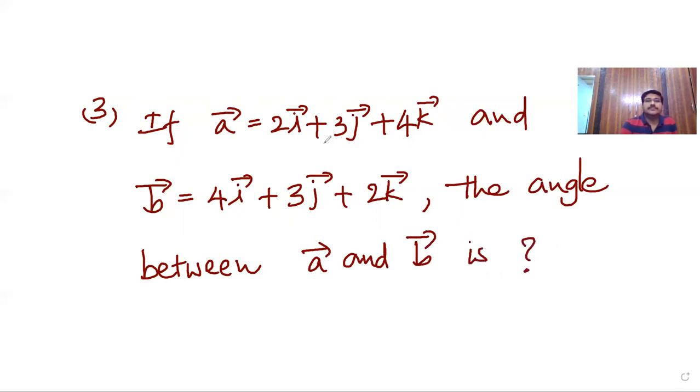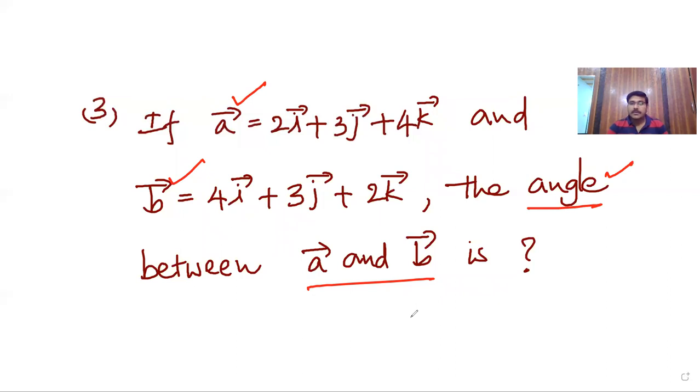So the question, have the clarity. He has given the vector A bar, vector B bar. Now he is asking the angle between A bar and B bar.